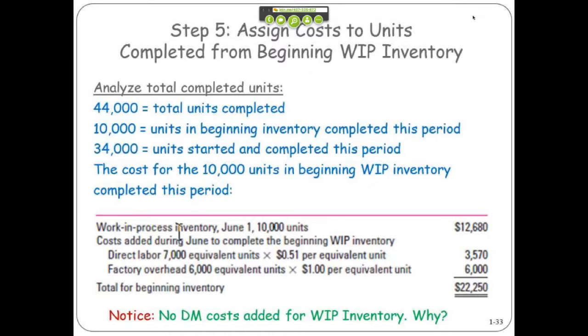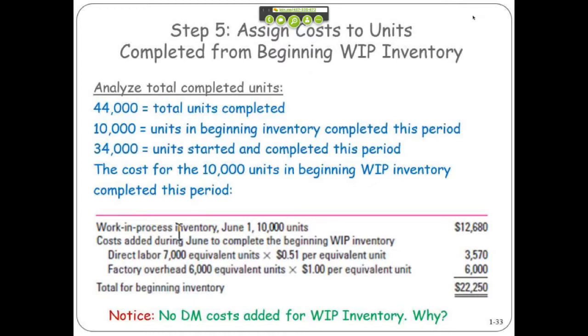So make sure I say this right. Direct labor was 30% completed, leaving 70% to be done. So we did 7,000 units of direct labor, 70%, the amount that needed to be completed for those 10,000 units at the 51 cents equivalent unit, which we just calculated.